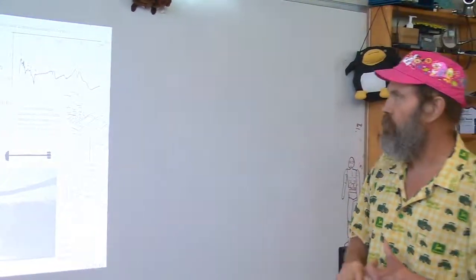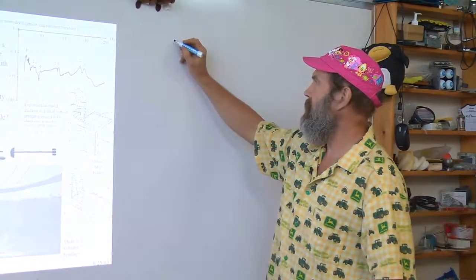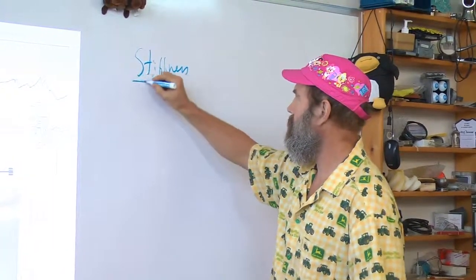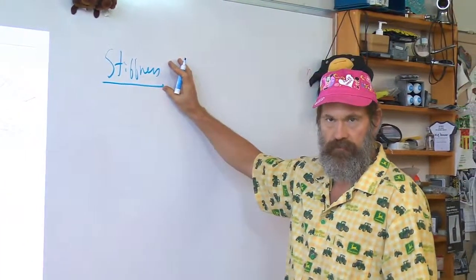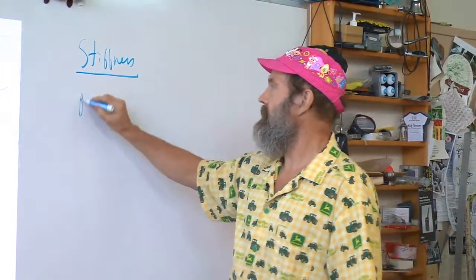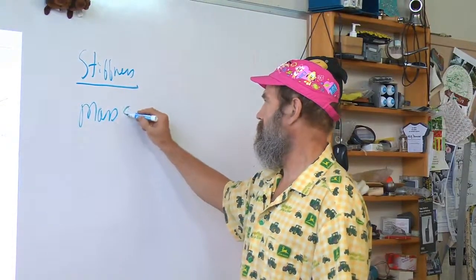To the very first order, we're going to be aware of the stiffness of the structure, which you can estimate with first order calculations and/or finite element analysis, and of the mass of the system.